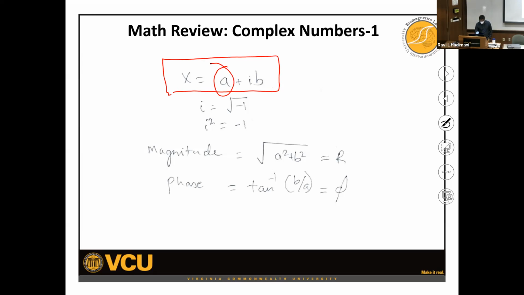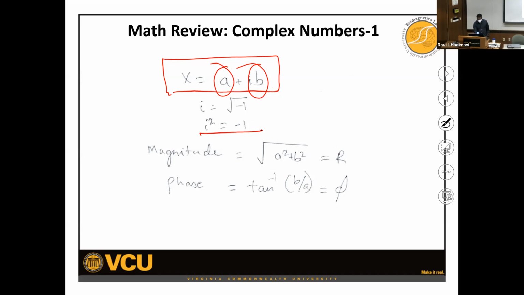This is your real part, and this is your imaginary part, where i's value is equal to the square root of -1, which is an irrational number, right? So you try to somehow get rid of i, or convert it to a rational number, or simplify it. So if you have i square equals -1, okay?